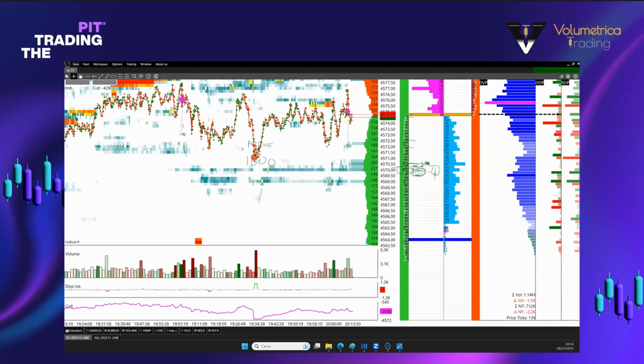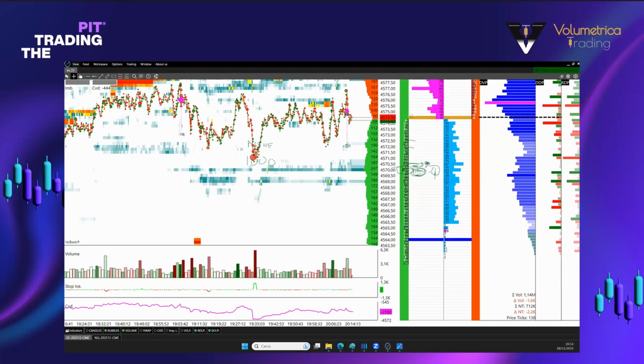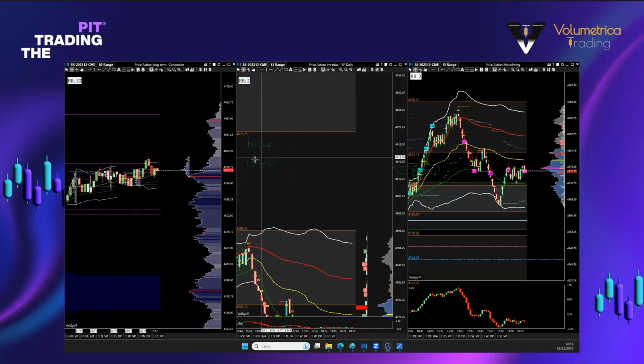So the best solution for these two issues, of course, is hiding part of this order. So I want to buy 1,000 lots. If I am using an iceberg, I decide to make only 100 visible in the order book.